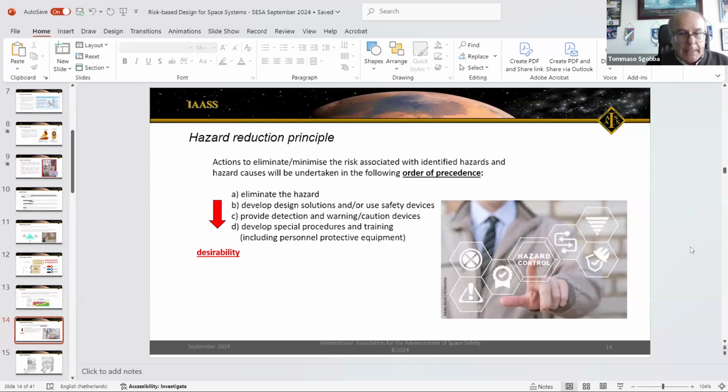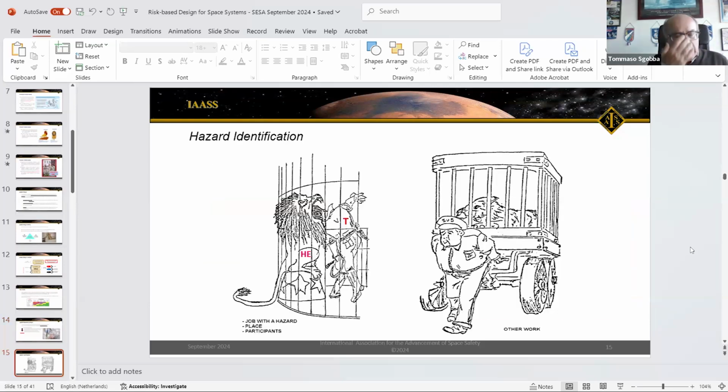And then there is the case in which you can develop a special procedure or training. This is the sequence of desirability of hazard reduction measures, which is used, I would say, worldwide, not only in space, but in many fields of engineering. This is just a way of recapitulating a little bit what I said up to now.